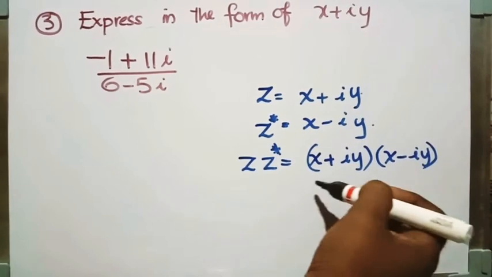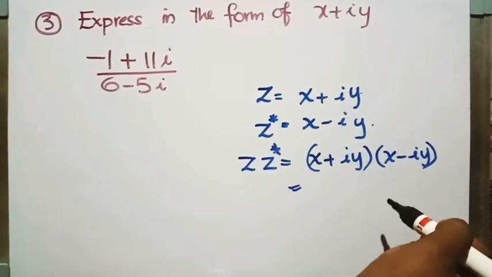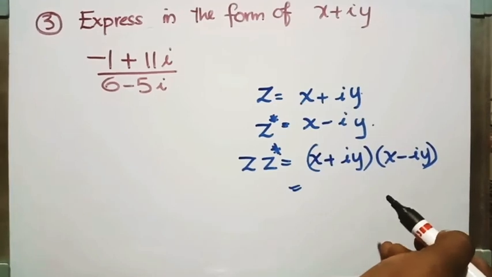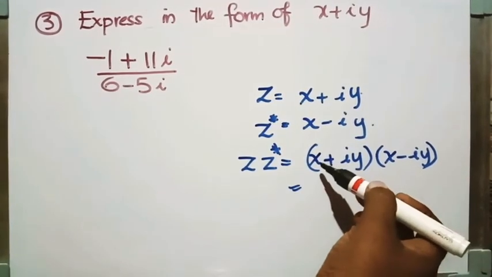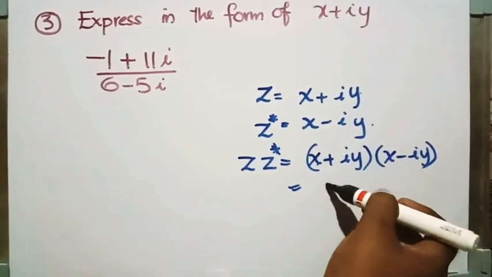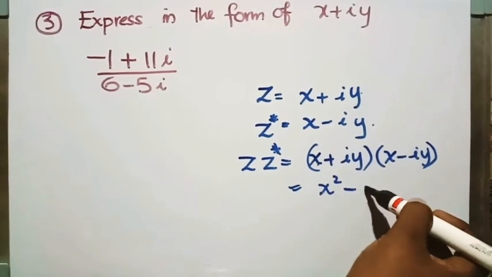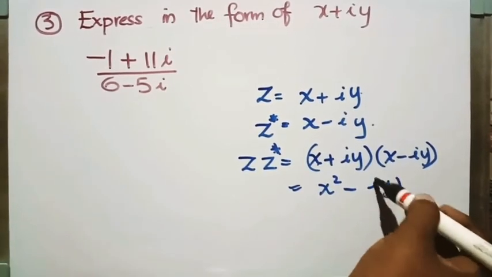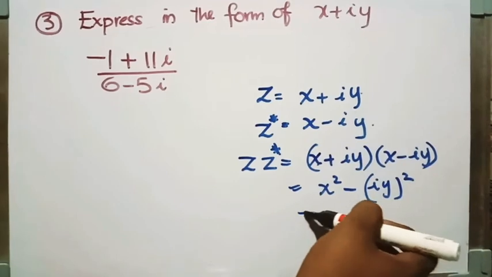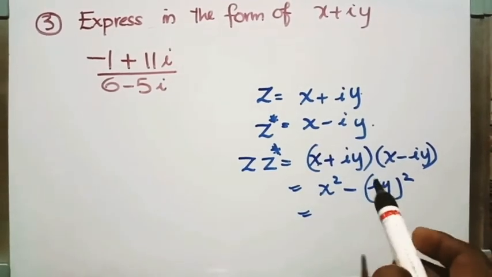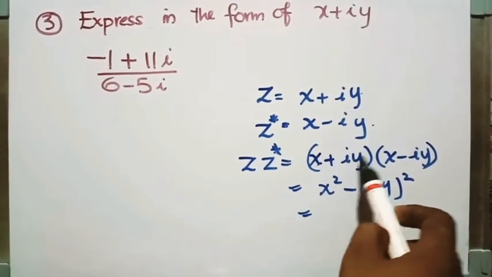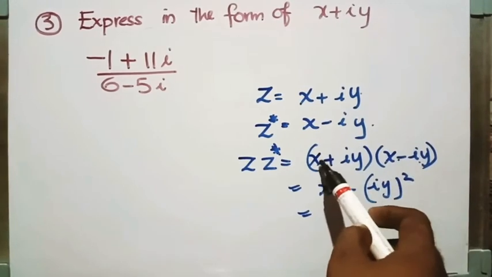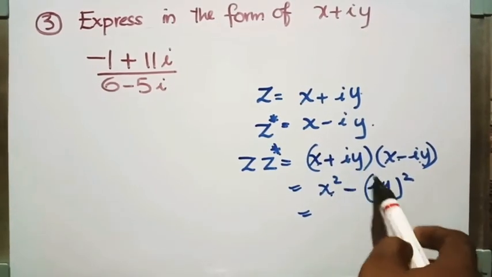Here you have to remember the formula: a plus b into a minus b is equal to a squared minus b squared. So when you take this, we get x squared minus iy the whole squared. Yes, a plus b into a minus b is equal to a squared minus b squared.